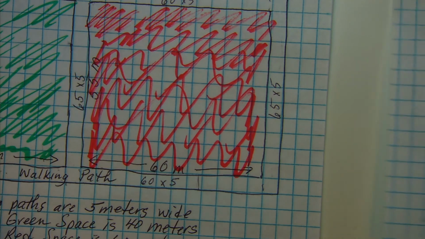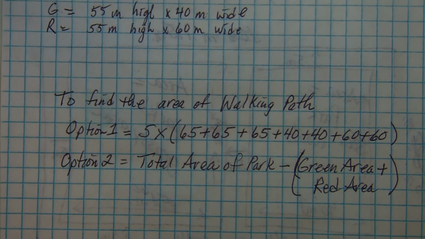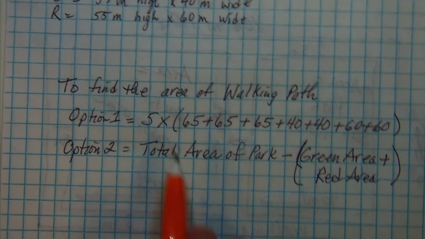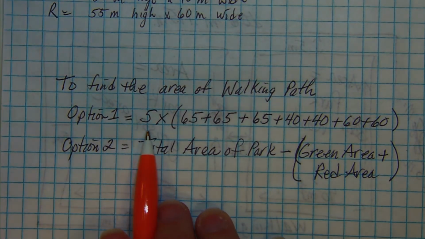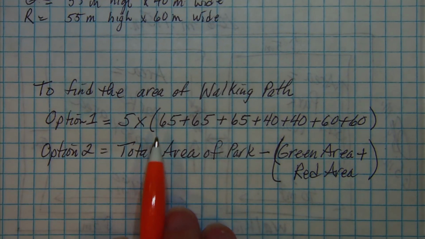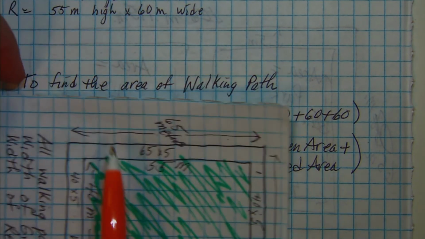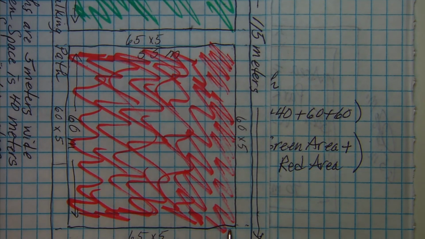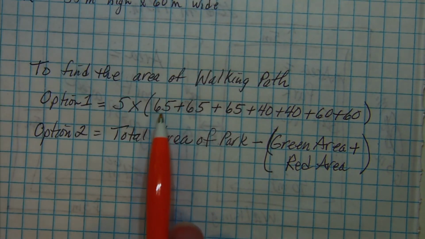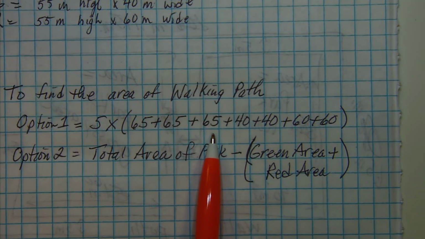So, to find the area of the walking path, option 1 is 5, because every walking path is 5 meters wide, and then I would just add together the 65 here, another 65 here, another 65 here, that's the three 65s.